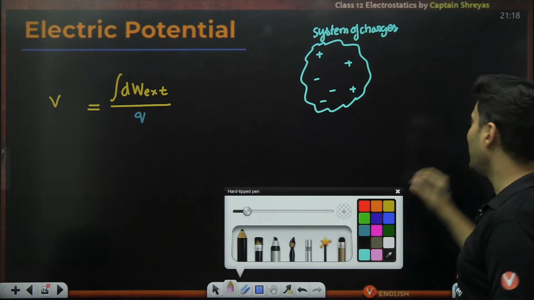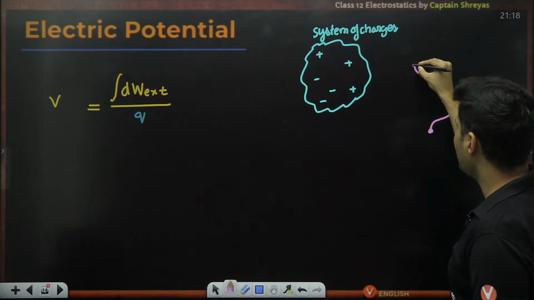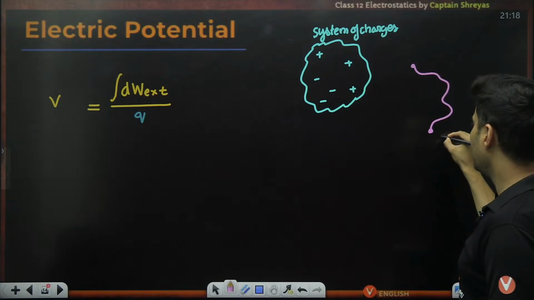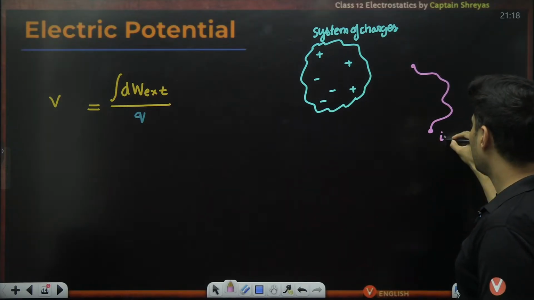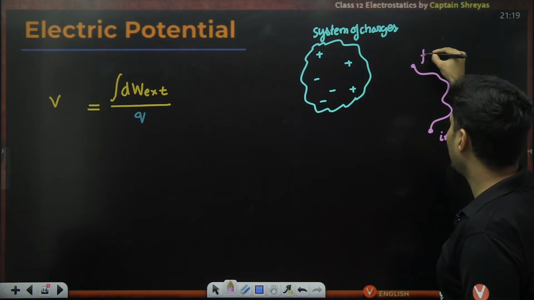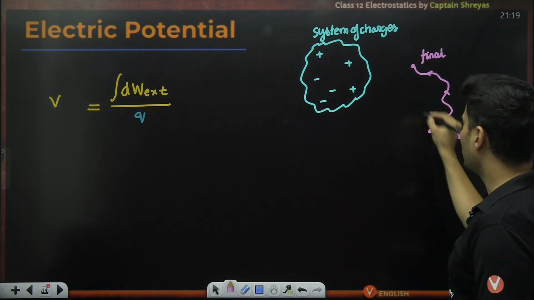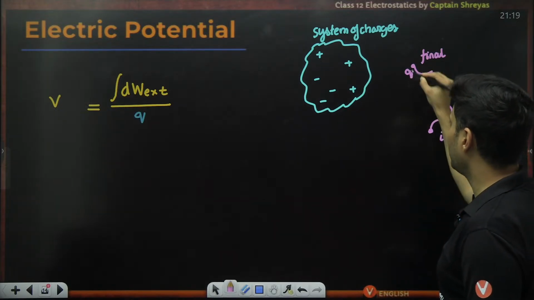Just imagine I go from this point, my initial point, and I reach over here, my final location. I'm just taking the charge along this particular path from this point to this particular point.